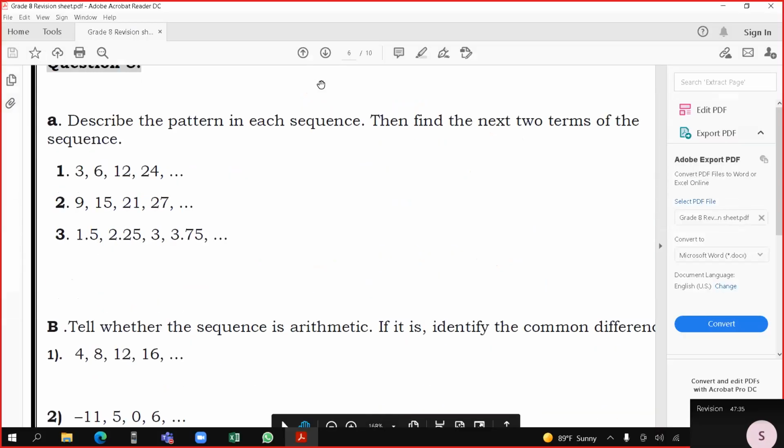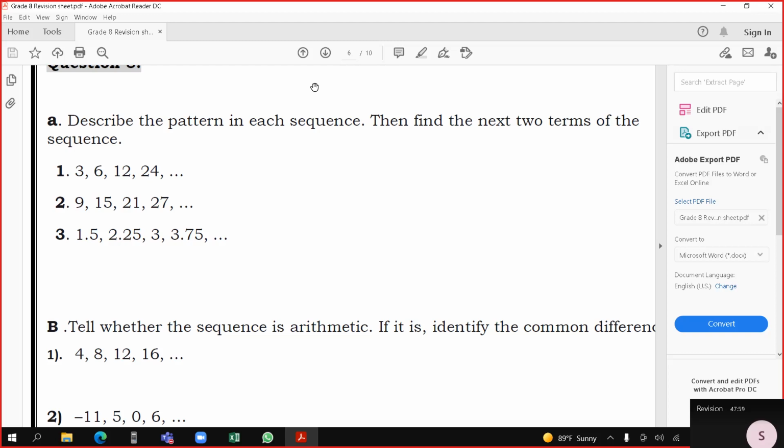Okay. Now here, do you remember the arithmetic and the geometric sequence? Yes. In this question, I want you to describe the pattern in each sequence and then find the next two terms in the sequence. Now I remind you what arithmetic and geometric mean.